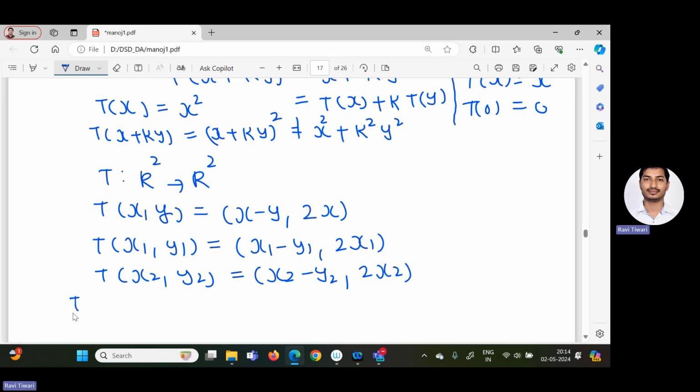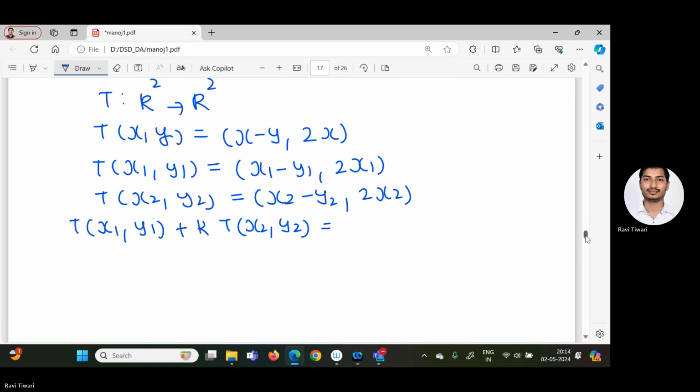So T of x1 y1 plus k times T of x2 y2 equals x1 minus y1 comma 2x1 plus k times x2 minus y2 comma 2x2. This you can consider equation first.